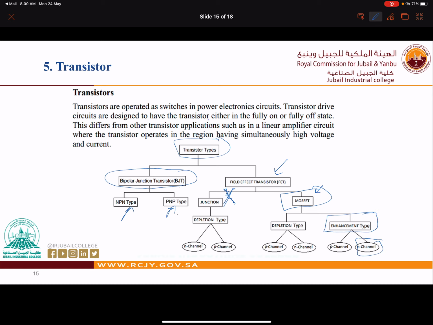So we will not take depletion types and so on. We'll take the transistor, field effect transistor, MOSFET, and enhancement type N channel. Okay, so we're concentrating on this part.